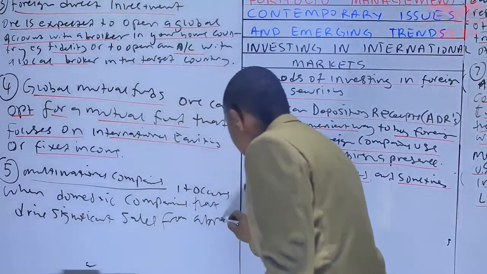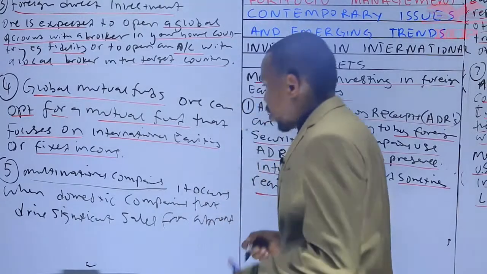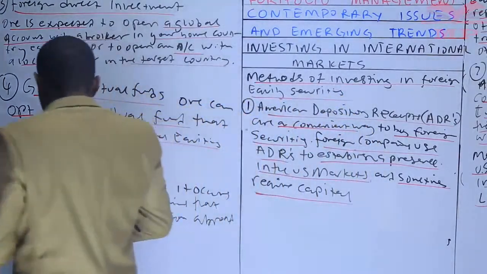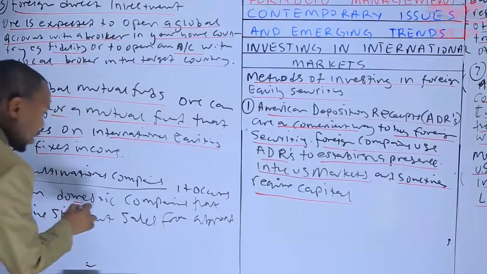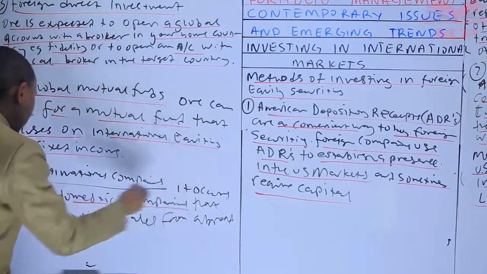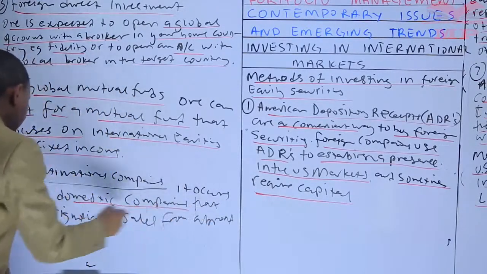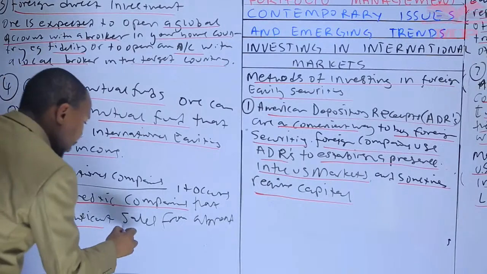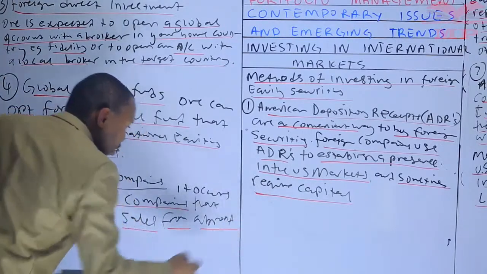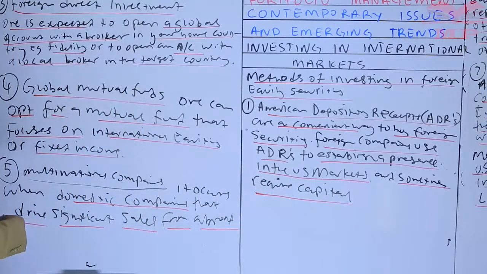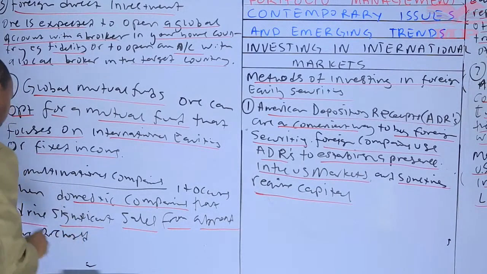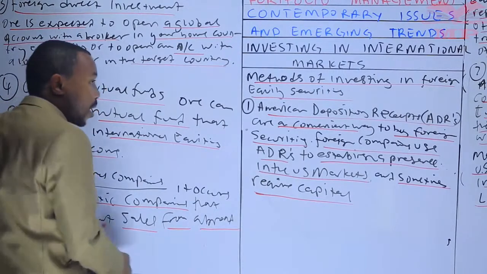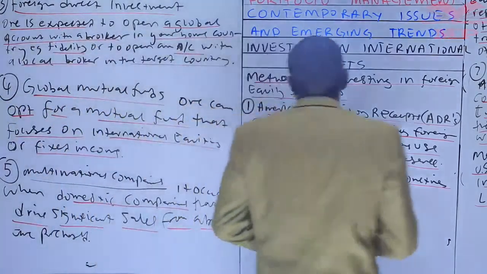So let me highlight the salient points. It occurs when domestic companies that drive significant sales from abroad are purchased. For example, take the Coca-Cola company in the US market.